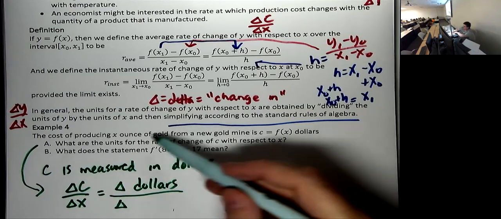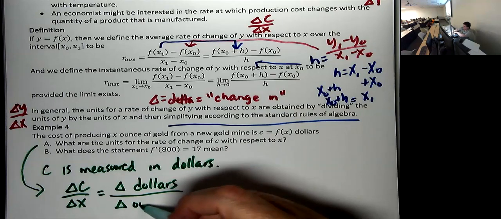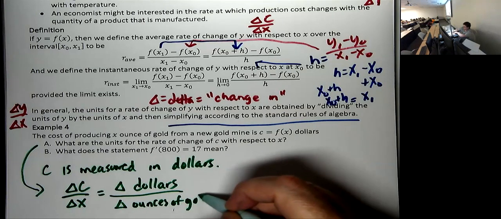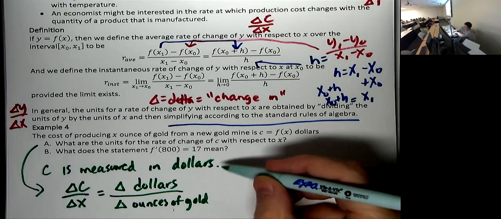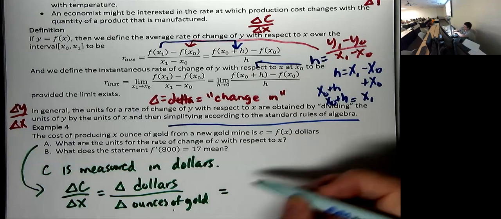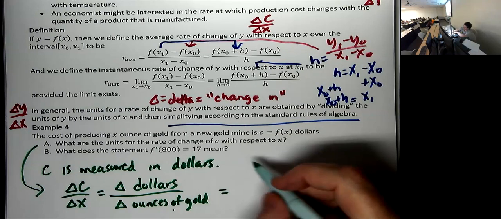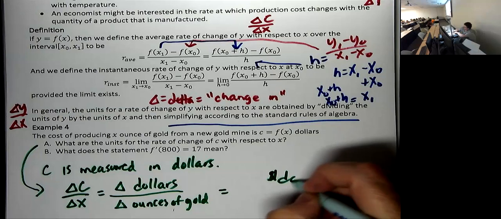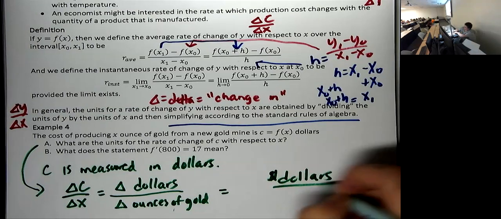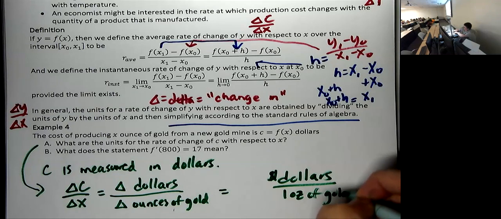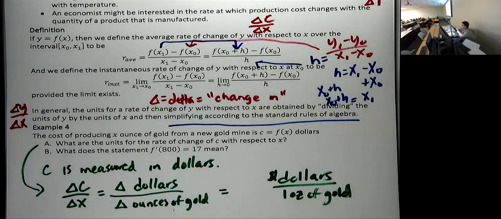And X is measured in ounces of gold. So generally when we write it as a number, this is going to be number of dollars per 1 ounce of gold.